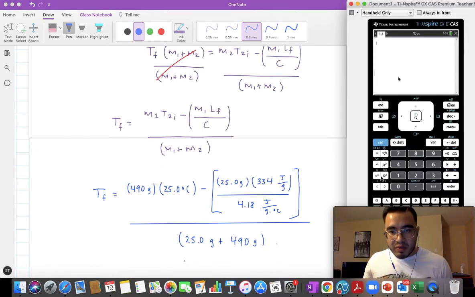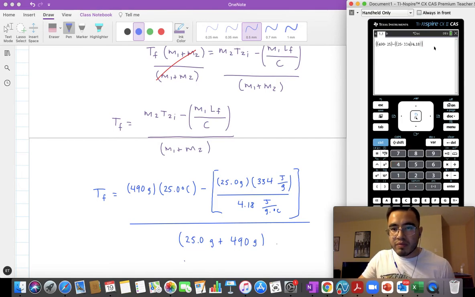I'm going to have a lot of parentheses, so let's do parentheses, and then 490 times 25 minus, now I'm going to need double parentheses, 25 times 334 close parentheses divided by 4.18.